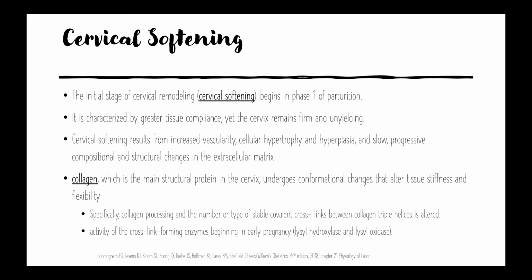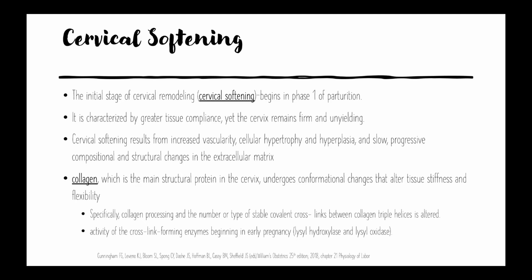As for cervical softening, the initial stage of cervical remodeling begins in phase 1 of parturition. It is characterized by greater tissue compliance, yet the cervix remains firm and unyielding. The cervical softening results from increased vascularity, cellular hypertrophy and hyperplasia, and slow progressive compositional and structural changes in the extracellular matrix.